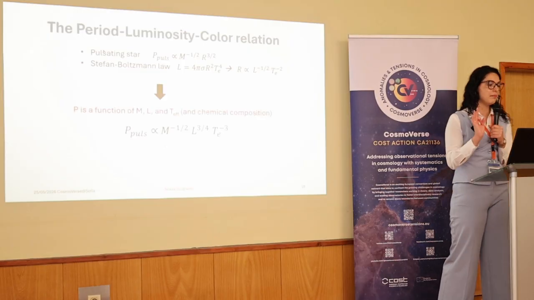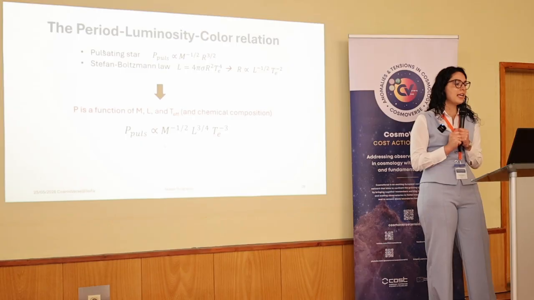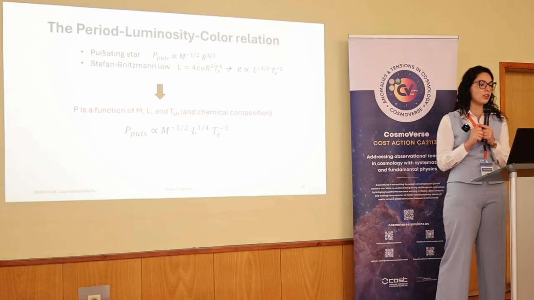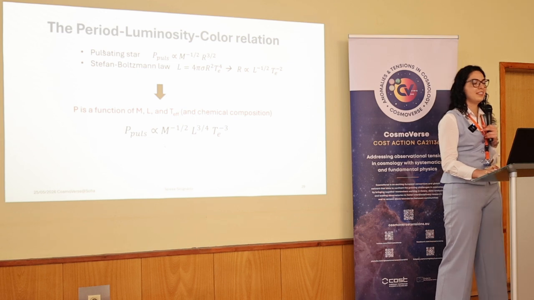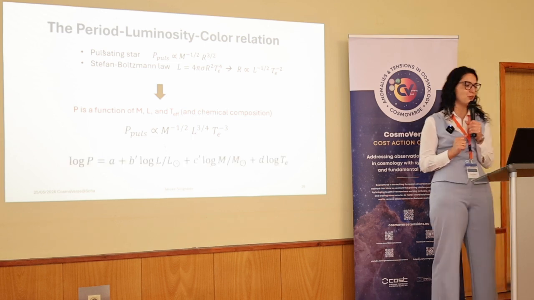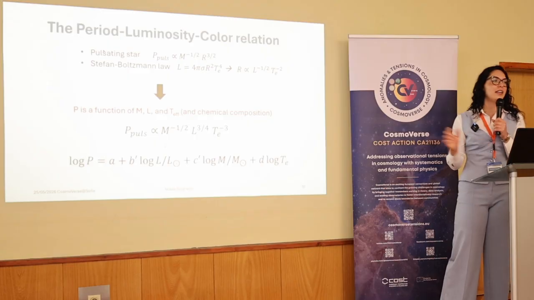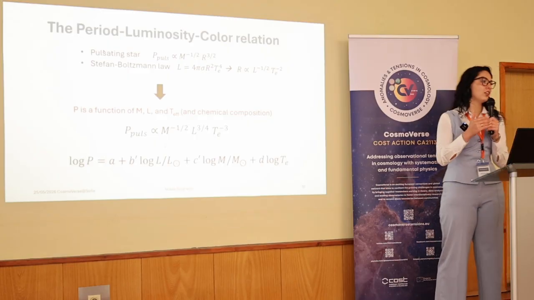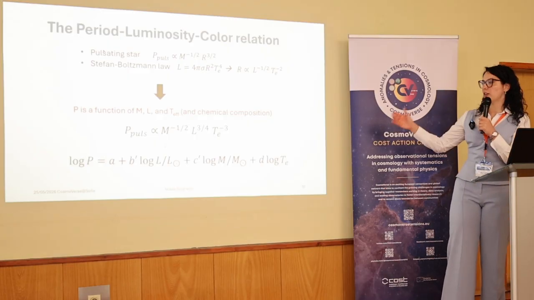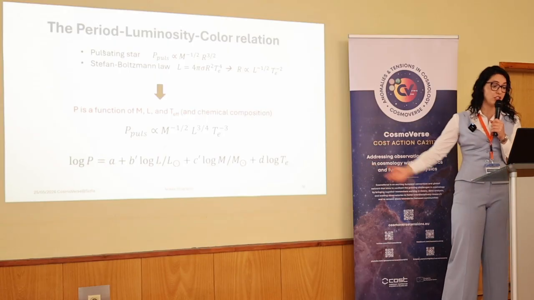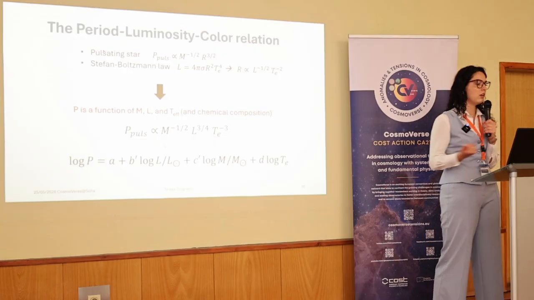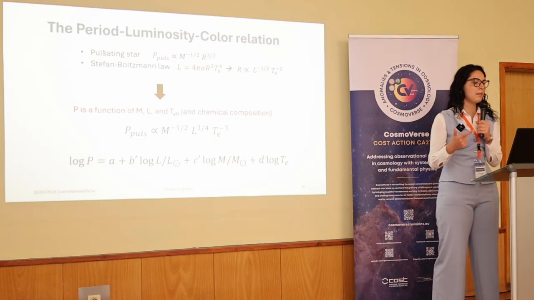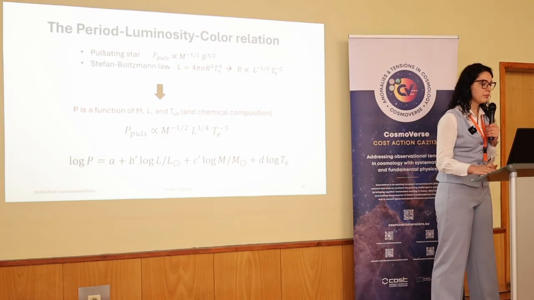So at this time, we can see that the period is a function of the mass, the luminosity, and the effective temperature. Since we as astronomers want to work with linear relations and linear coefficients, we just take the logarithm so that the exponents can come down as coefficients. And so we have a relation between the log of the period, the luminosity, the mass, and the temperature.